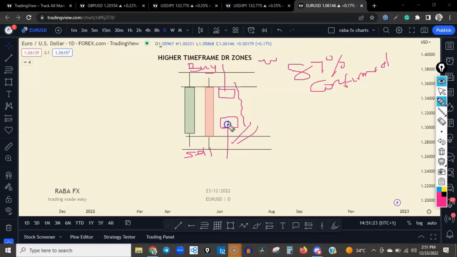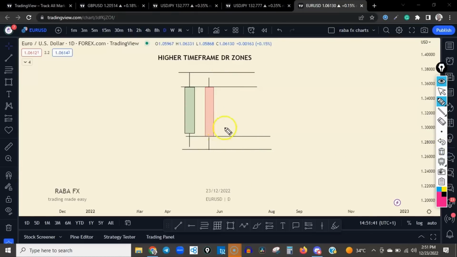When you see the break, you simply go down to the lower time frame and start looking for what? ICT concept setups. Do we have a displacement that took out this low? If we have a displacement, therefore we will have some fair value gaps, and those fair value gaps are areas where you'll be looking to sell from, and then confirm your short position to the next zone.